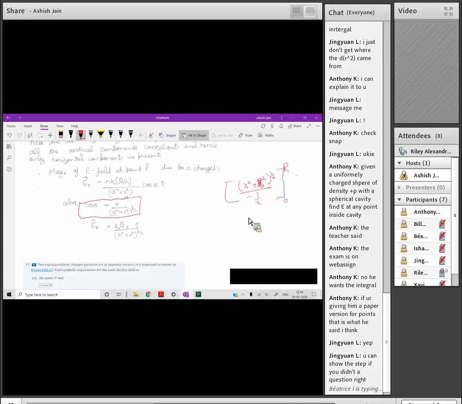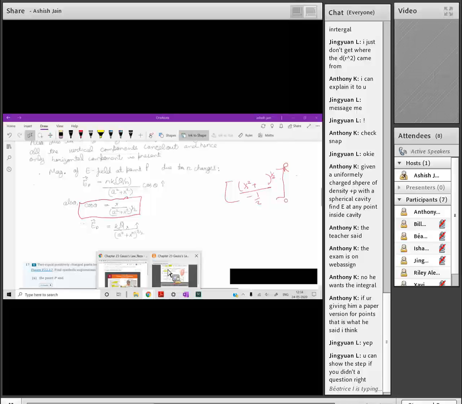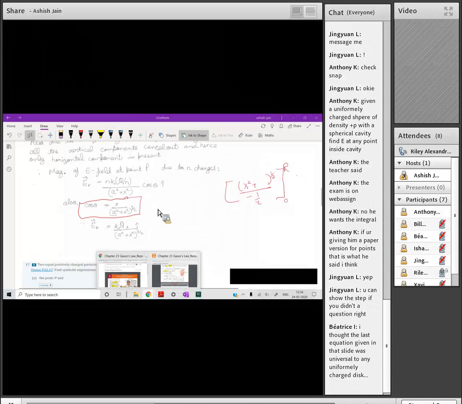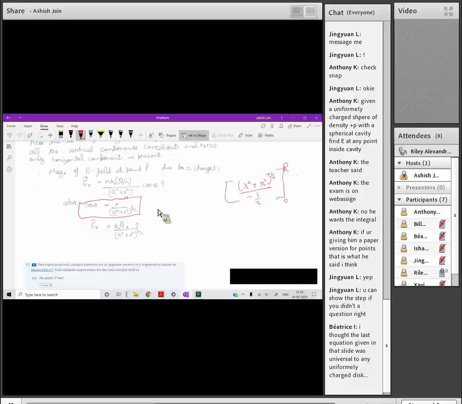No, small r. Yeah, it was like this. Perfect. So minus half. So in the exam, you can leave it at this point, applying the upper limit and the lower limit.